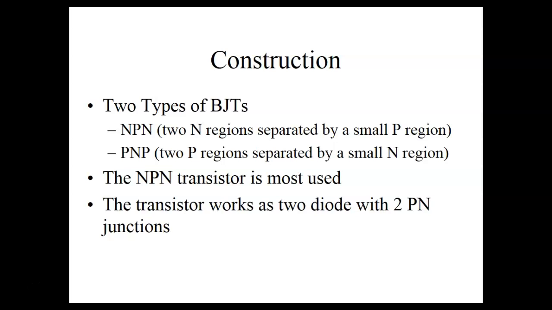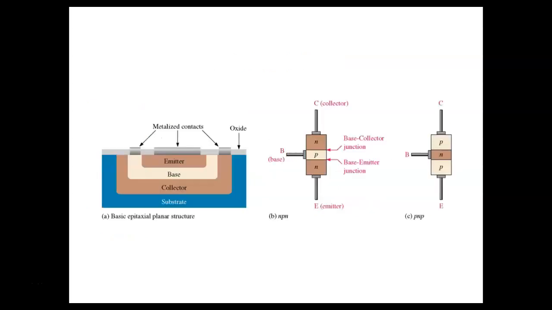Basically, the transistor works like 2 diodes with 2 p-n junctions. Of course, this is blown up. This is basically the way these things are constructed. The one on the right would probably be easier to explain than the one on the left. So what we have here is an NPN. Notice, we have 2 N regions that are separated by a P region.